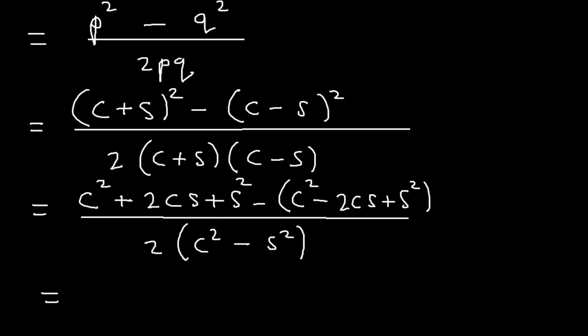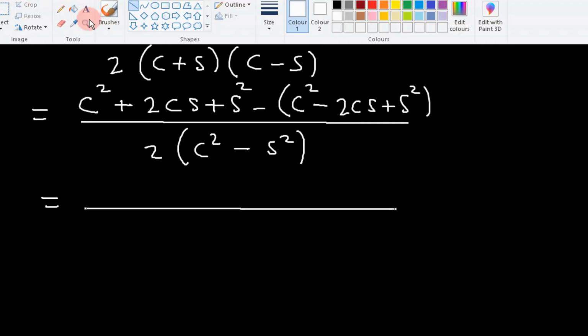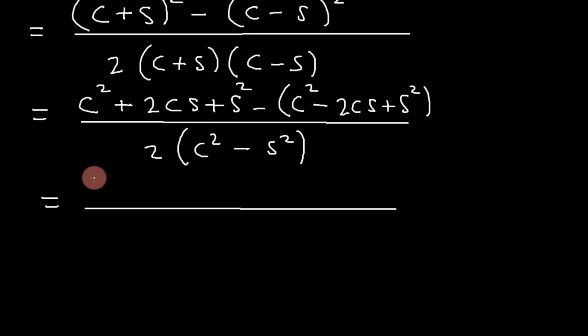We can continue to simplify. So I'm just going to rewrite the first three terms in the numerator. We can multiply this minus into the brackets here.